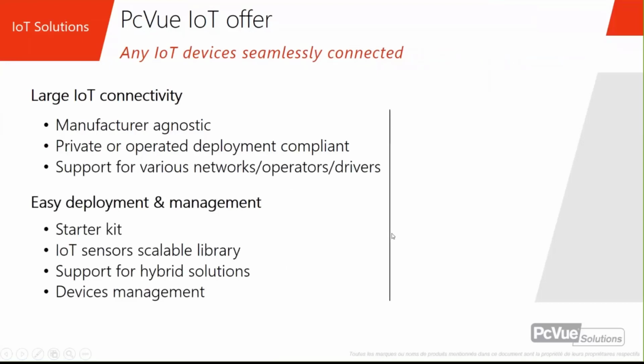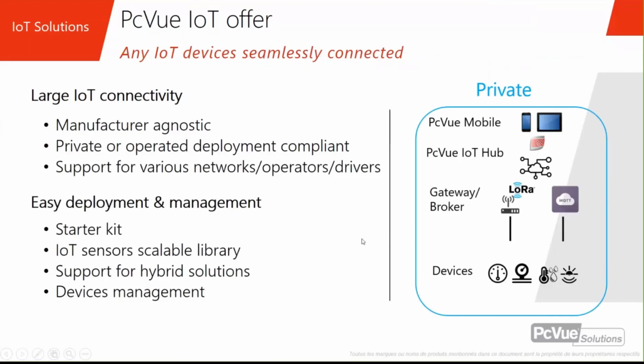So as I said, we offer large IoT connectivity, manufacturer agnostic, for private infrastructure, such as this one. In this case, you have the PcVue IoT Hub connected either to a gateway, a LoRa gateway, or to an MQTT broker, and it's built in.